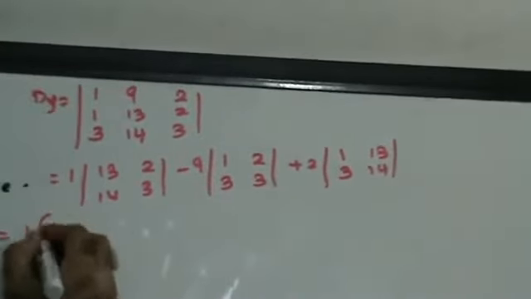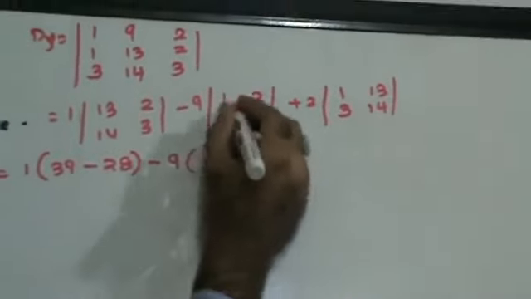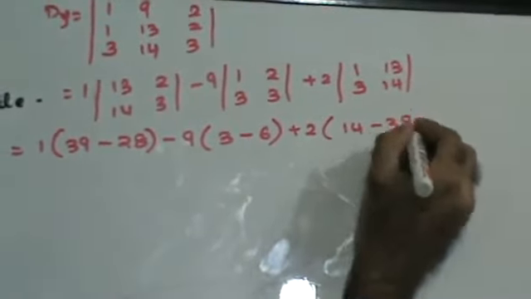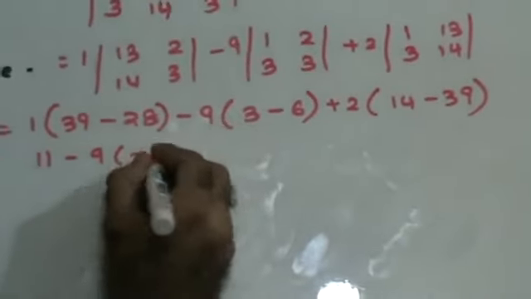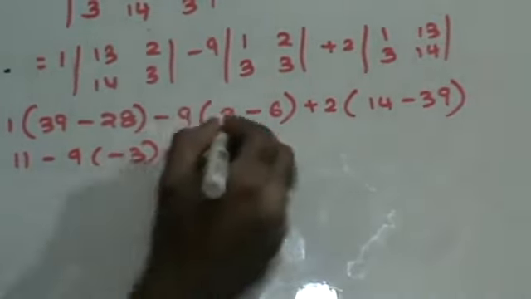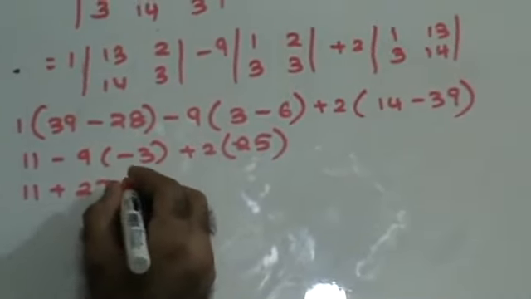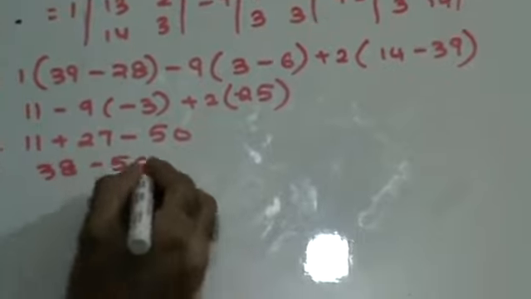So this is going to be 1 times 39 minus 28, minus 9 times 3 minus 6, plus 2 times 14 minus 39, which works out to minus 12. Then you find out dz.